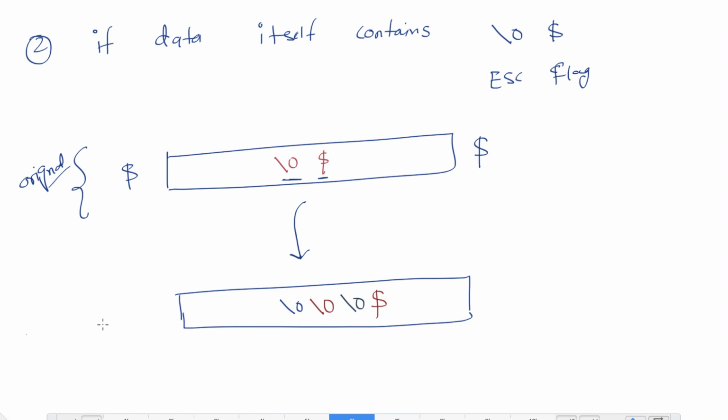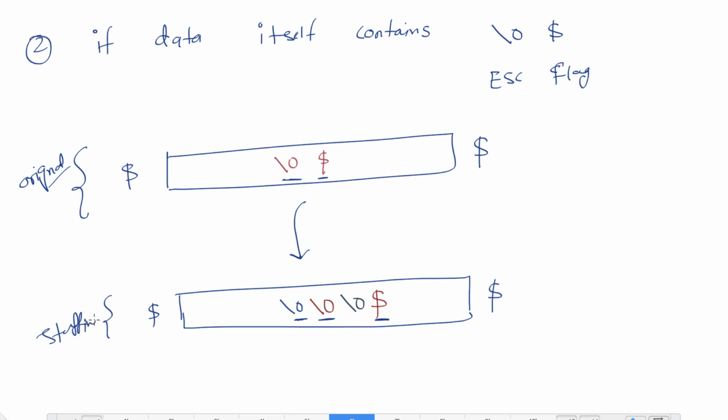I have packed this between dollar and dollar, so for this ESC I have added another ESC, and for this dollar or this flag I have added another ESC. So this is after stuffing.